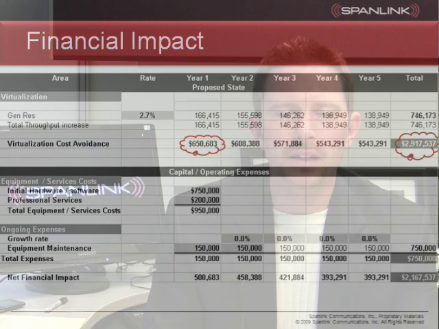The technologies that make virtualization possible really is voice over IP and being able to leverage the data network inside the organization, number one.